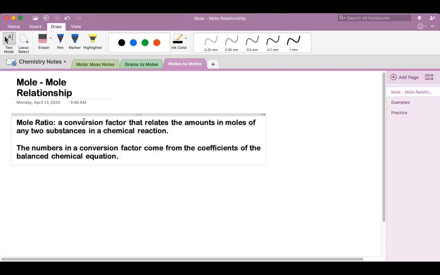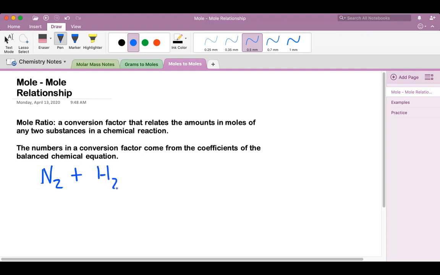So if we're talking about something like an equation, let's do nitrogen plus hydrogen gives me ammonia, NH3. So I need to balance it. That's a 2, then that's a 3.